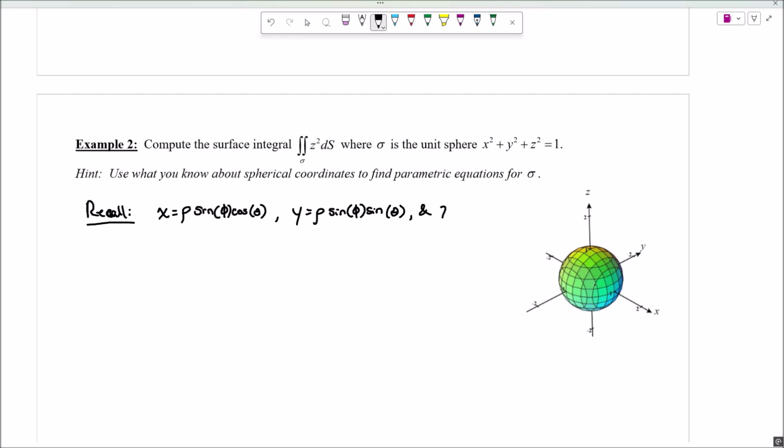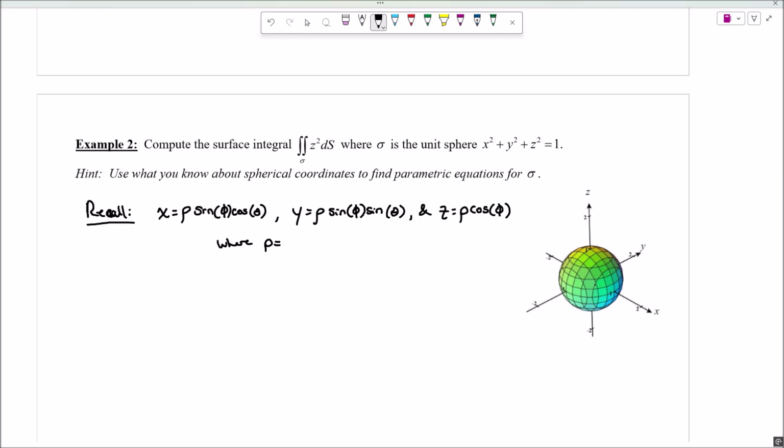And z was always equal to rho times the cosine of phi. Okay. Specifically here, if I'm dealing with a sphere, my bounds on these values would be as follows.